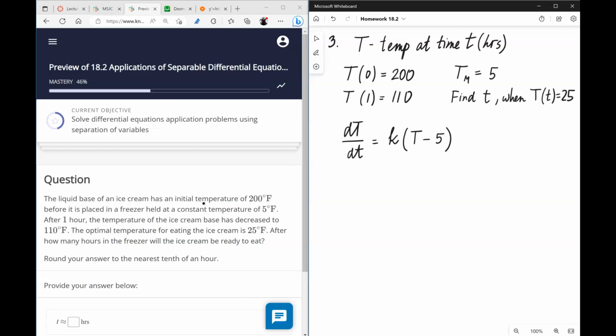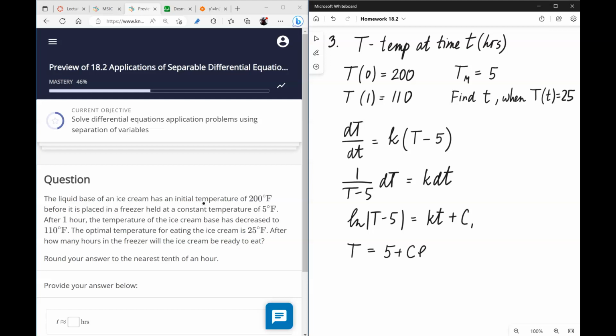So yeah, let's solve it. We're going to acknowledge that it's a differential equation. It's separable, so we have 1 over T minus 5 dT is equal to k dt. We have ln of absolute value of T minus 5 equals kt plus c1. So we have, cutting some corners here, T will be equal to 5 plus c e to the power kt. And now this is my general solution.